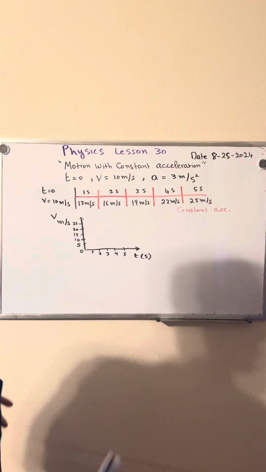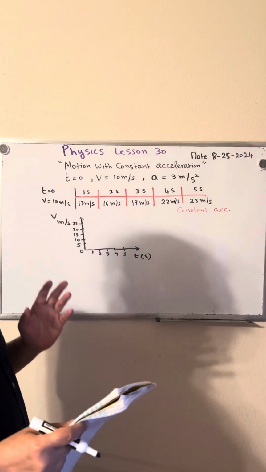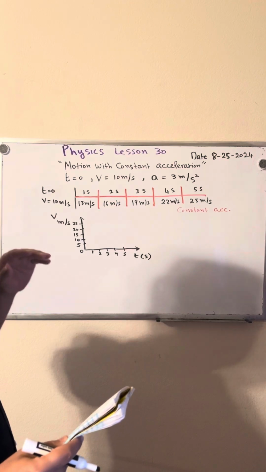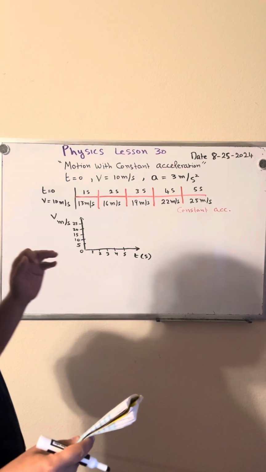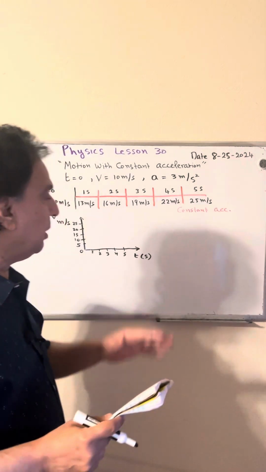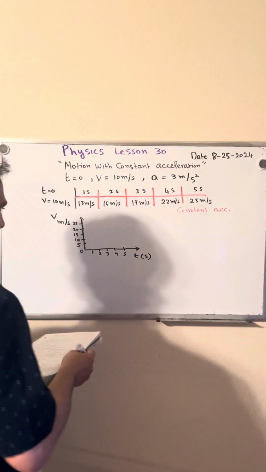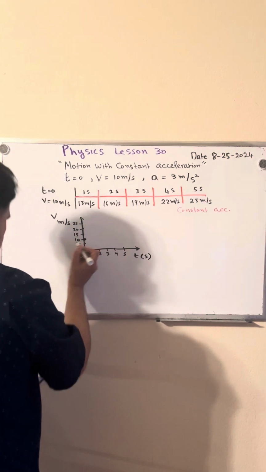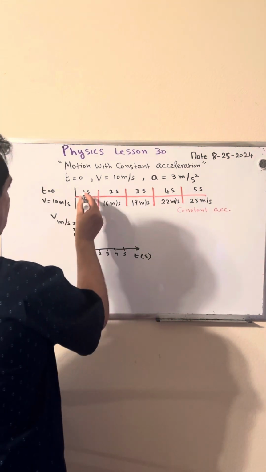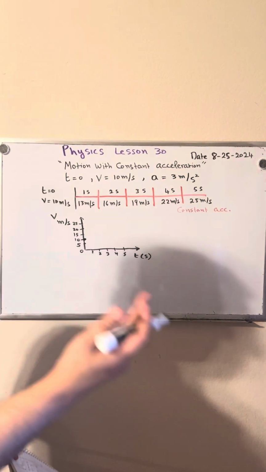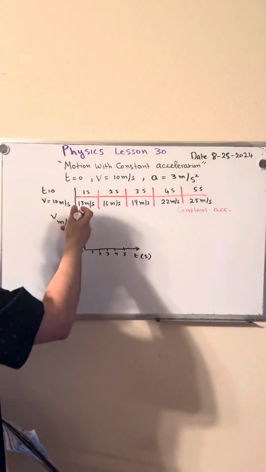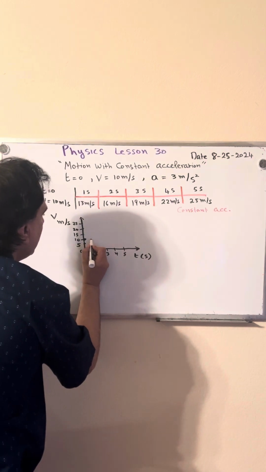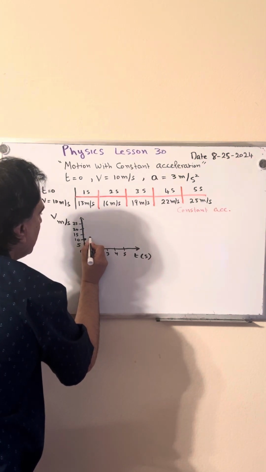Initially, we said we are looking at a car which is already moving at 10 meters per second. So we start right here at this point. After 1 second, how fast am I going? 13 meters per second, so I'm right here.